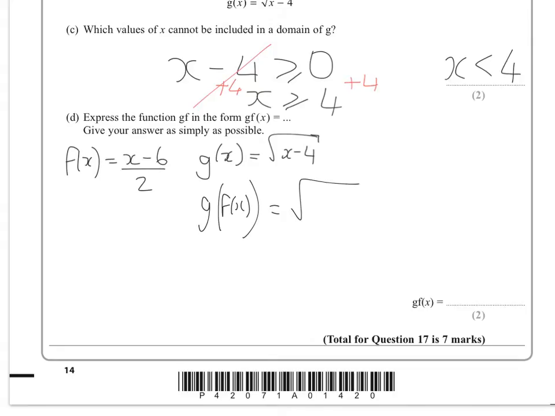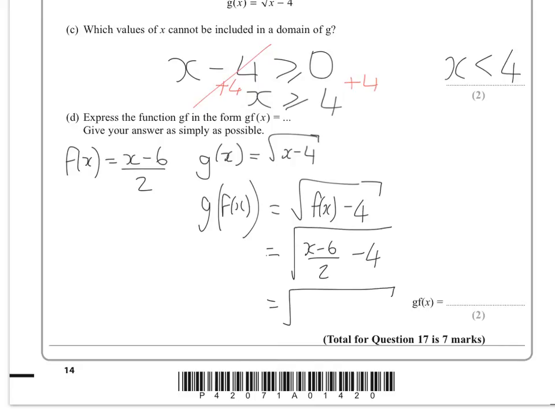So I'm going to square root f of x, because I'm replacing x with f of x, minus 4. We know that f of x is x minus 6 over 2, so I'm going to square root of x minus 6 all over 2, minus 4. And we need to express this as simply as possible.